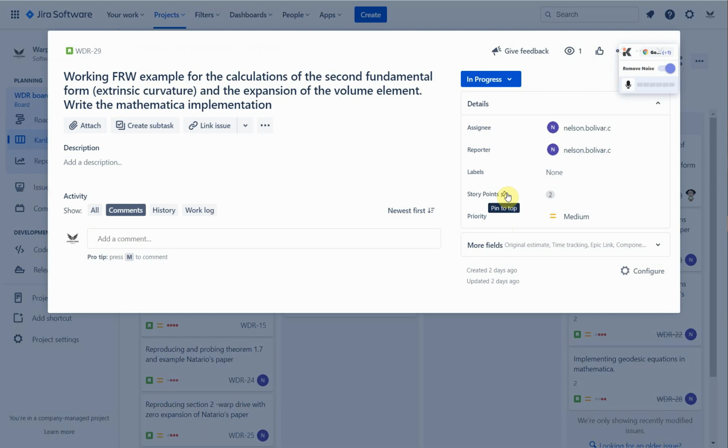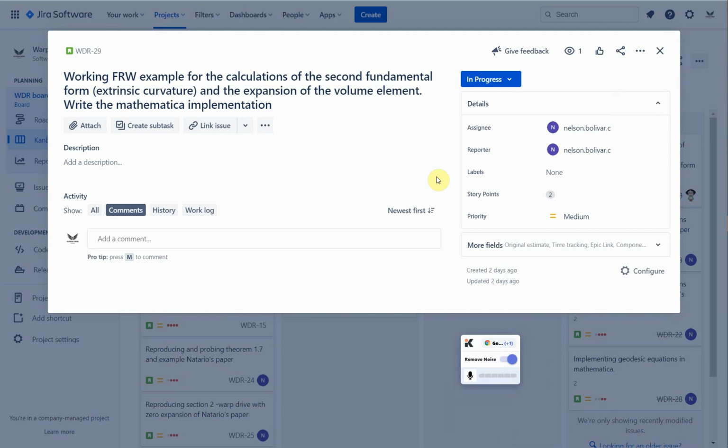One of the things that I found there, as I followed the propositions, is what we call proposition 1.6, I think, and this is related to what's called the expansion volume element. It's a term that appears in the metric, and it's basically where all the warp effect starts.